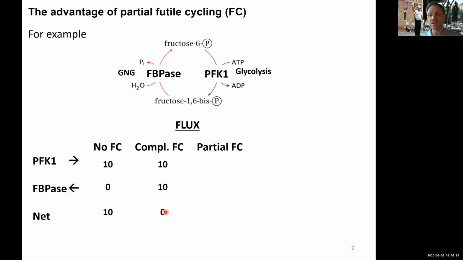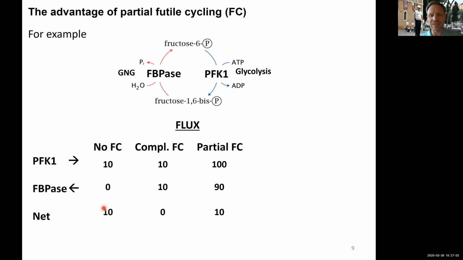But let's look at partial futile cycling. Say I'm running PFK1 at a flux of 100, but I'm doing partial futile cycling, so same time, but not the same rate. Say I'm running the reverse reaction, the phosphatase, at 90. What that gives you now is a net of 10 again, which is exactly the same as if you were doing no futile cycling.